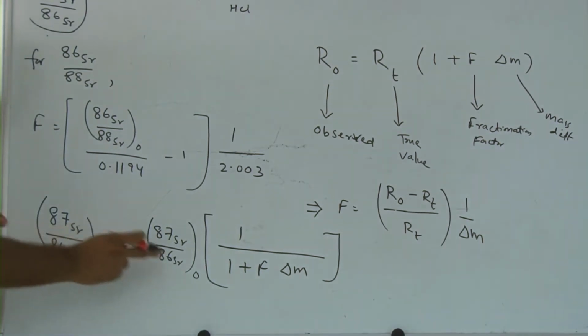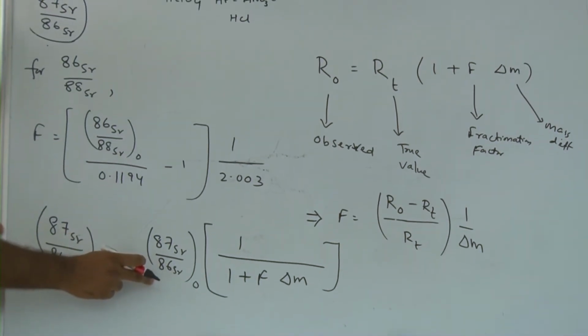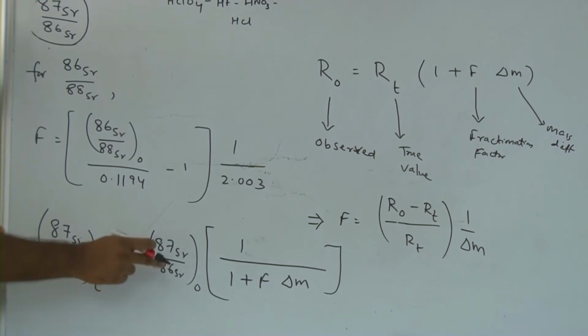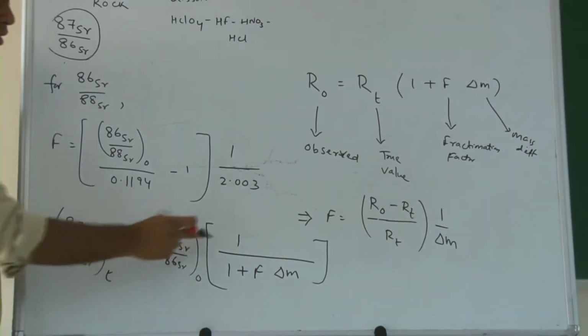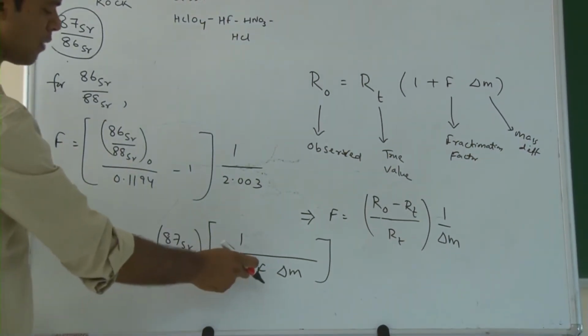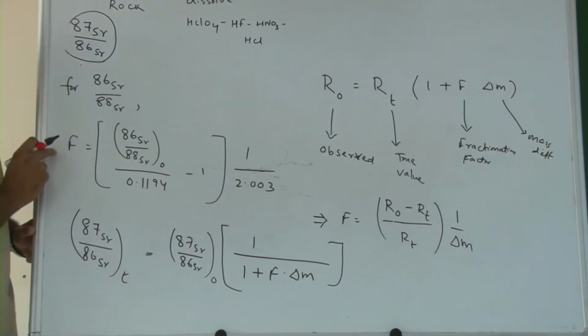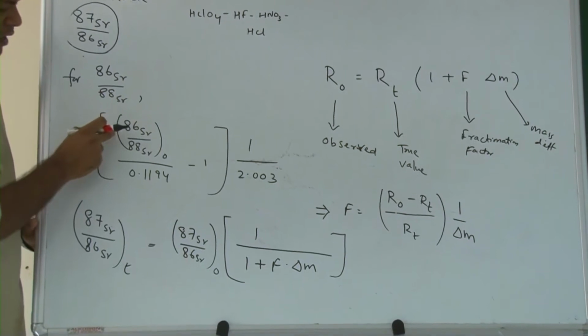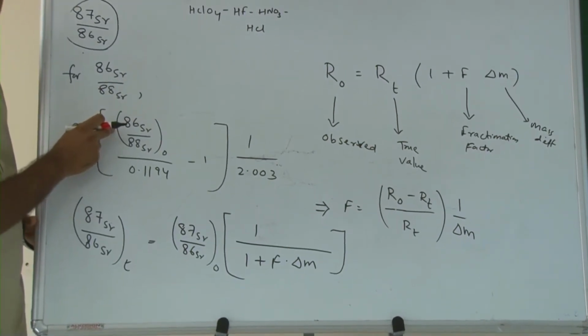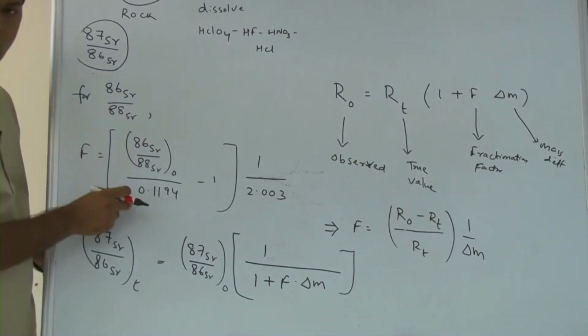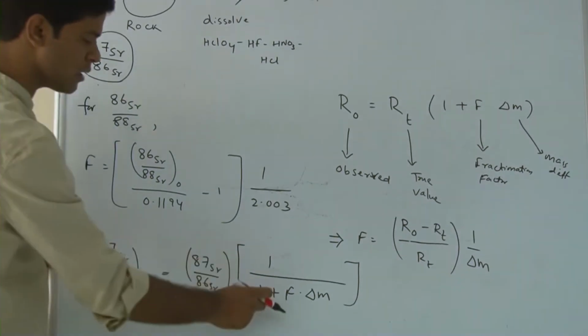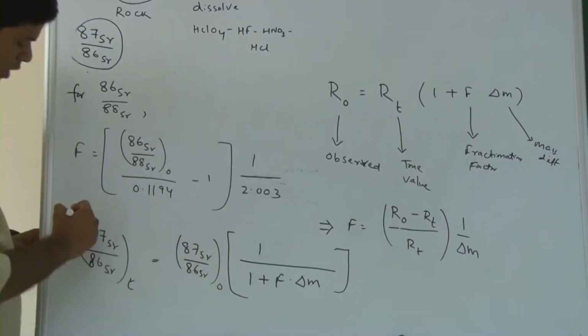To find that, you take whatever 87 strontium by 86 strontium you have already measured, and divide by 1 plus F. So, the F comes from this normalization, the fractionation factor, where you have normalized 86 strontium by 88 strontium to 0.1194. After that, you will find the true value of it.